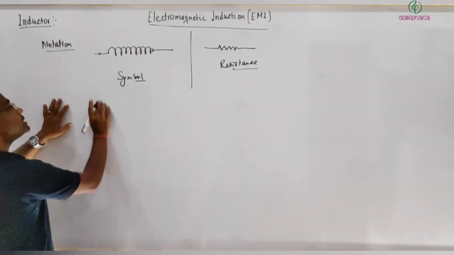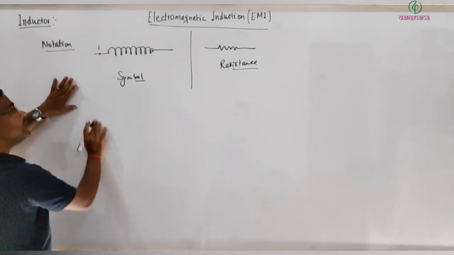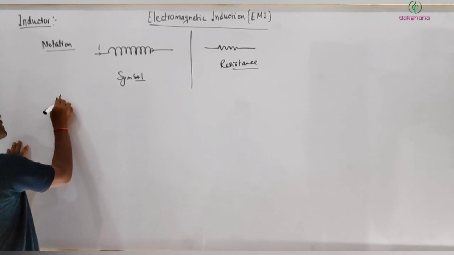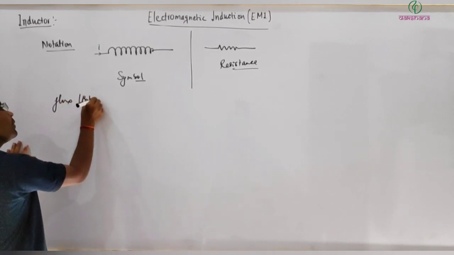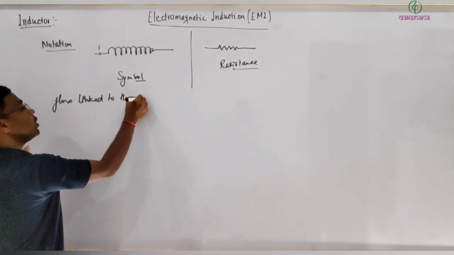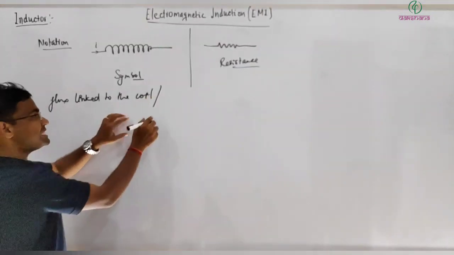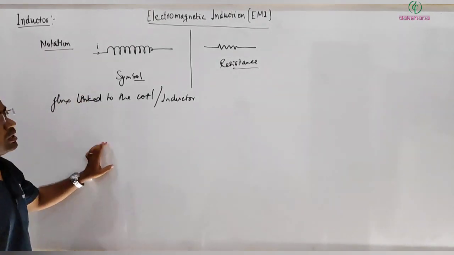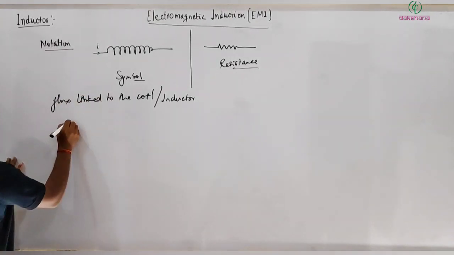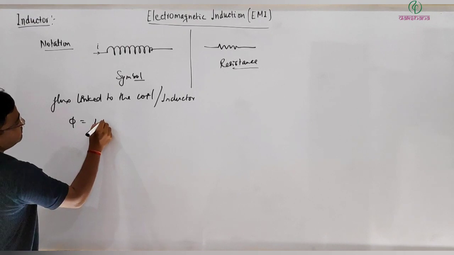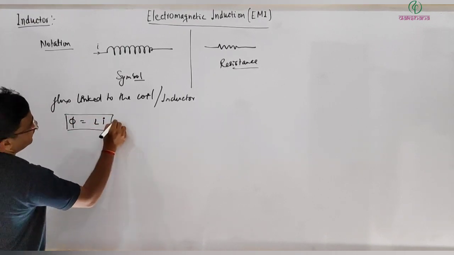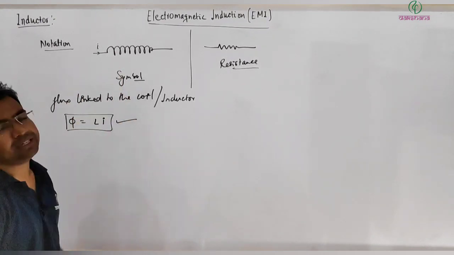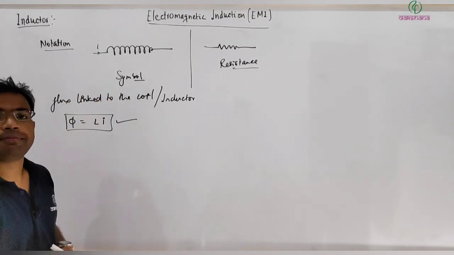When some current, let's say I, is flowing through this, then we can write the flux linked to the coil, and coil means inductor, since in physics we call a coil an inductor. Then I can write phi is equal to L times I. Clear? Similarly, if a constant current is flowing, then there will definitely be constant flux through the coil.